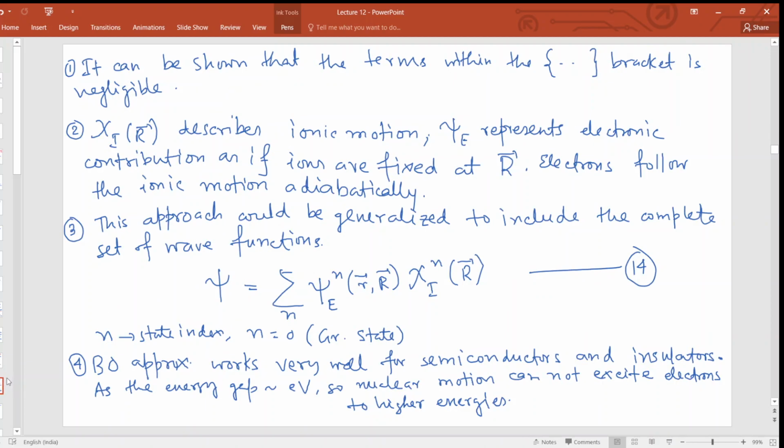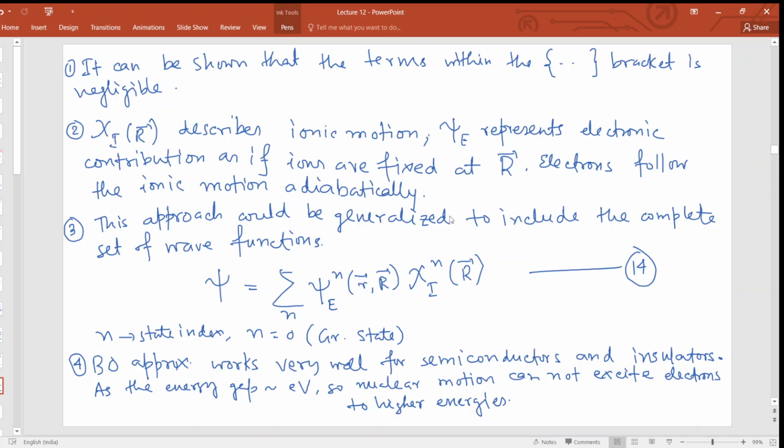So now actually it can be shown that the terms within this bracket are negligible, and the ionic wave function describes the ionic motion, and psi e represents the electronic contribution if ions are fixed at R. So electrons follow the ionic motion adiabatically in that sense.